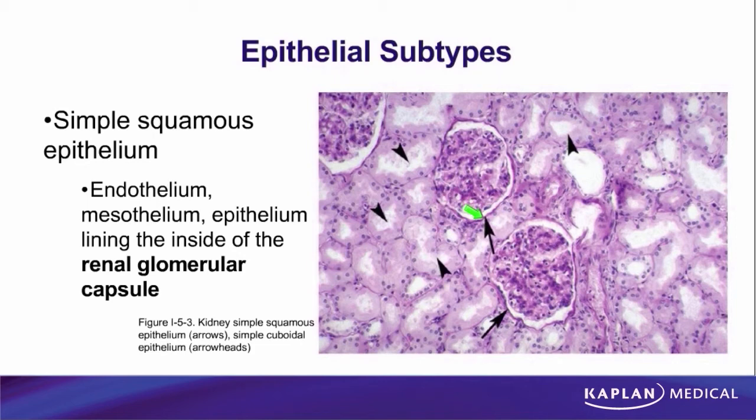We're going to see that in the alveoli of the lungs, where we want to have gas crossing from the airway into the blood system. So when we want to have stuff being able to get across that layer very easily, you want a very thin single layer of epithelium. So that's where you'll find simple squamous epithelium.